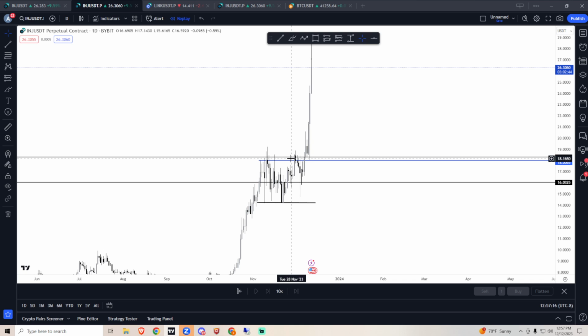Like if it swing fails and also deviates, then you could get into it. But if you have just tight consolidation, a very tight range, and Bitcoin's going down, or Bitcoin's not doing anything, and this is just staying very subtle and not moving, don't short it.